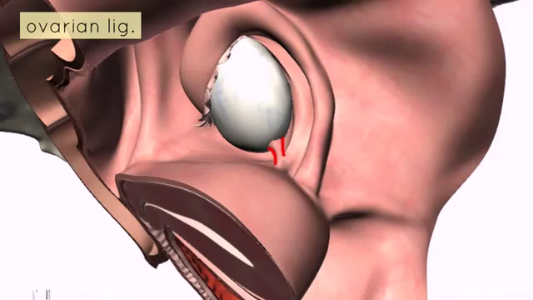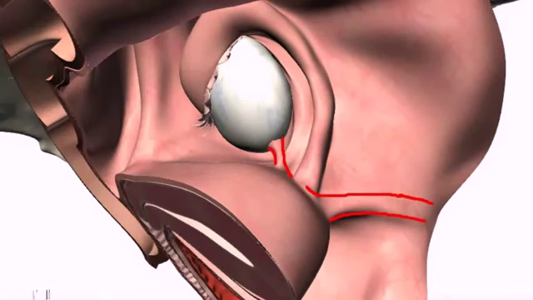And upon attachment to the uterus, this ligament actually continues round anteriorly and laterally as the round ligament, which I just showed you. So I've just outlined this in red. So now you should have a good idea of the organisation of the ligaments which are involved in the reproductive system.